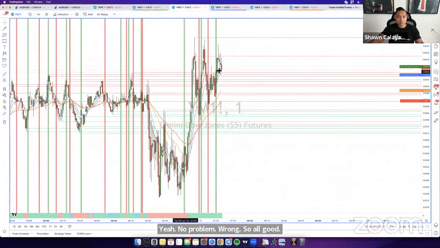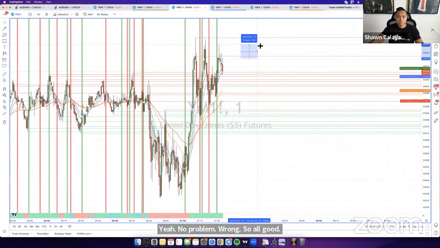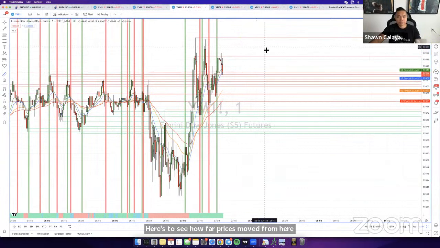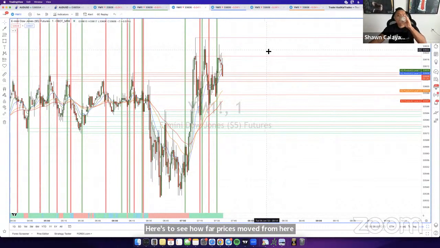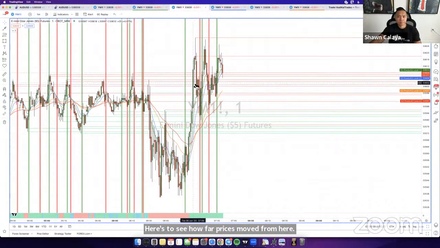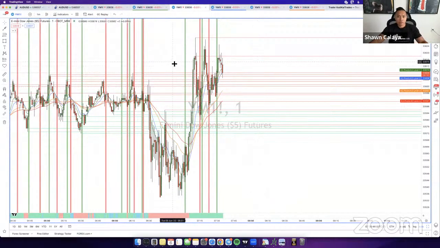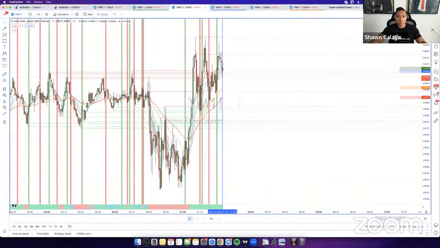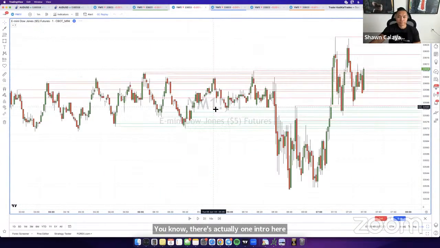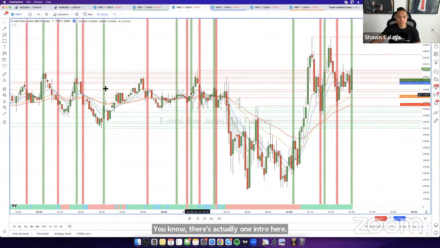Curious to see how far prices move from here. You know, there's actually one entry right here. Just noticed that. There's one SR rejection scalp right here, I think.